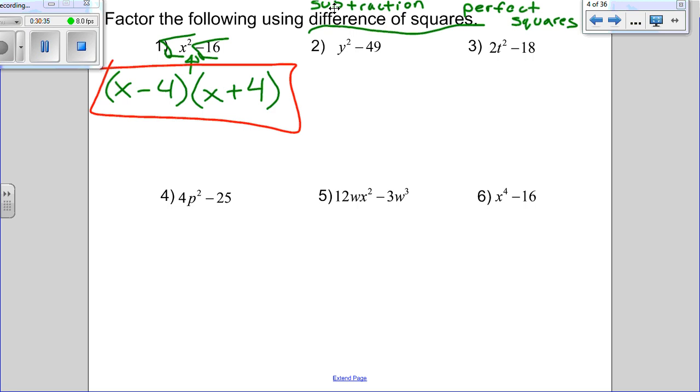That leaves me with y minus 7. But when I factor, I know I always get two binomials, not just one. So I also have an x plus, and it's a 1. That's difference of squares.